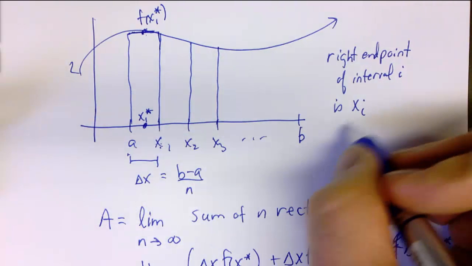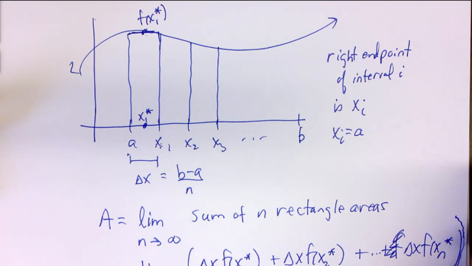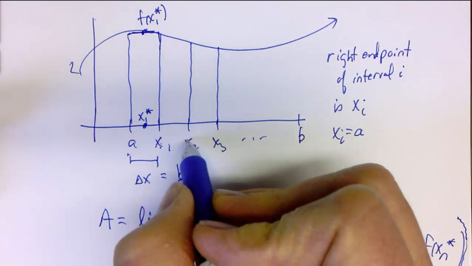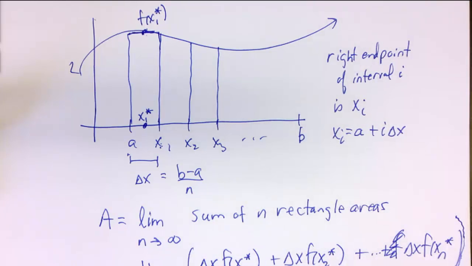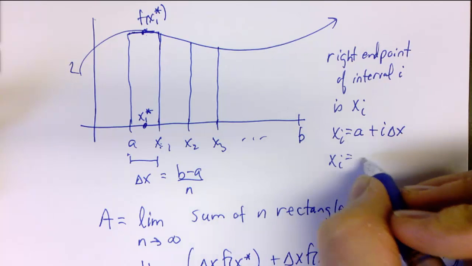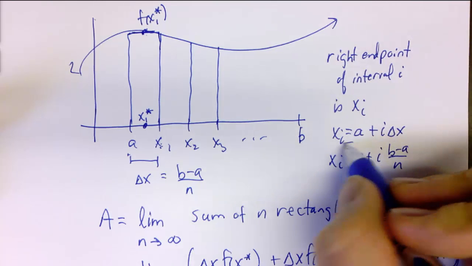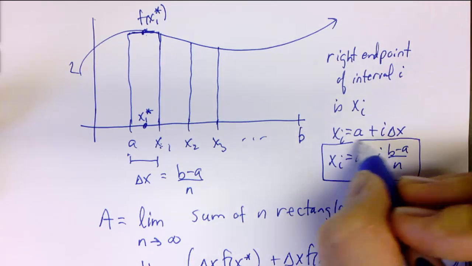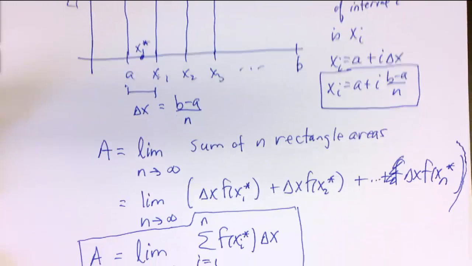Well, you can think of that as starting at the first point, a, and adding delta x i times. We know what delta x is, so this will be a plus i times (b minus a) over n.